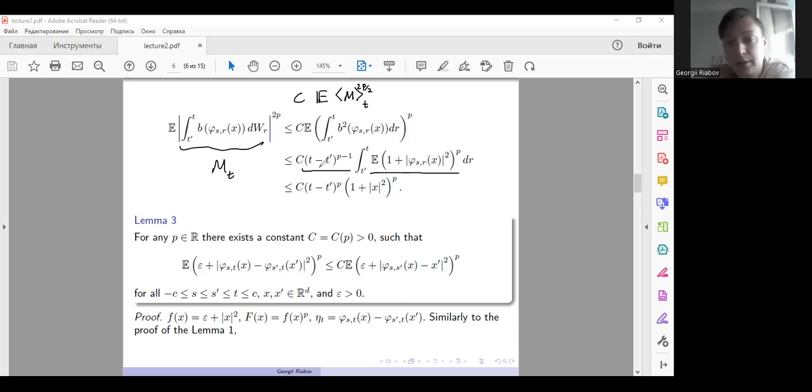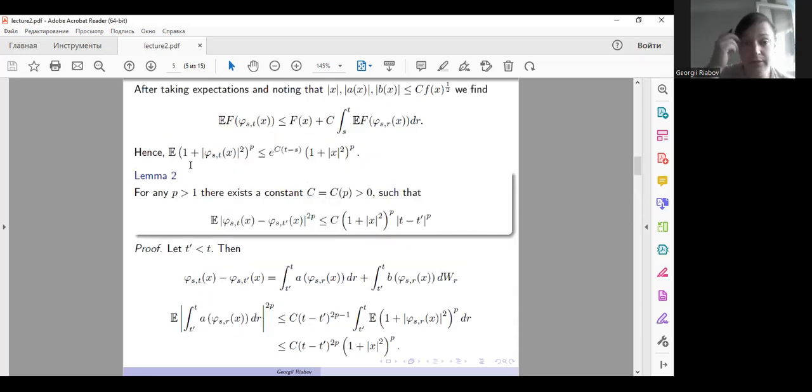And here we get an estimate of the type x to the power 2p and (t minus t prime) to the power p. So both these estimates give us the result in lemma 2.